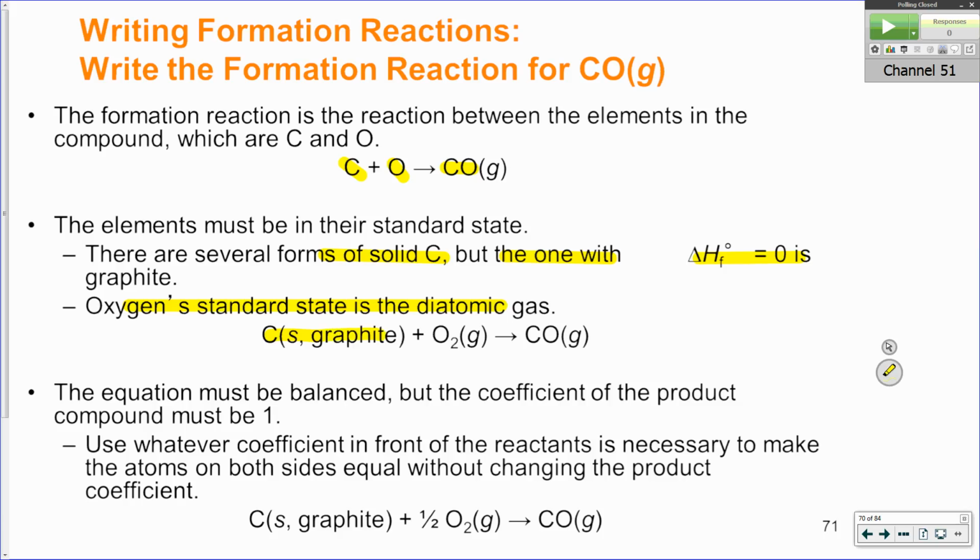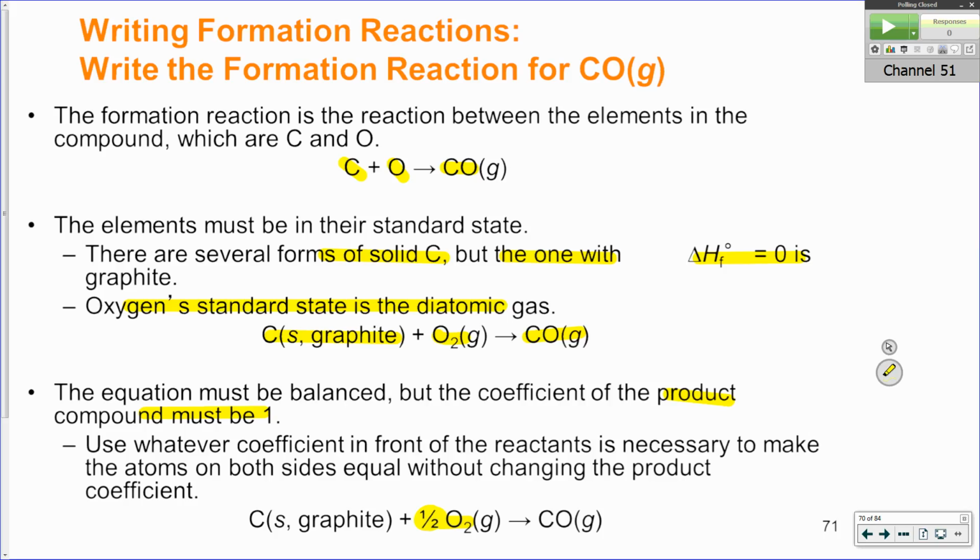So if we put together the graphite form of carbon and the diatomic oxygen to make CO, we'd see that it's not balanced, because I've got 2 oxygens on the left and only 1 on the right. The way I could correct that, so that I get the proper amount of product, is to put the 1/2 in front of the O2. Now that gives me a balanced reaction.